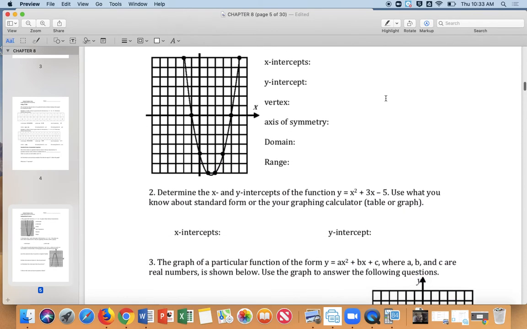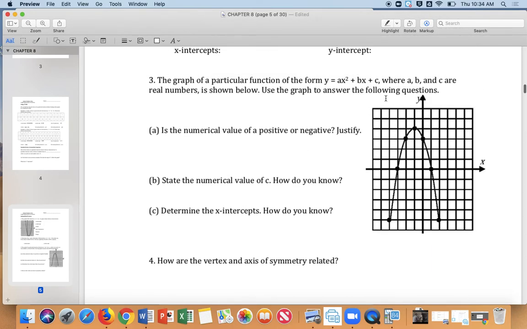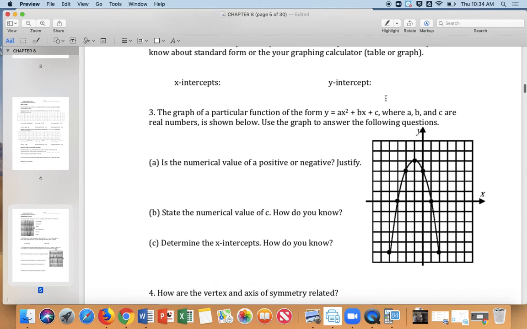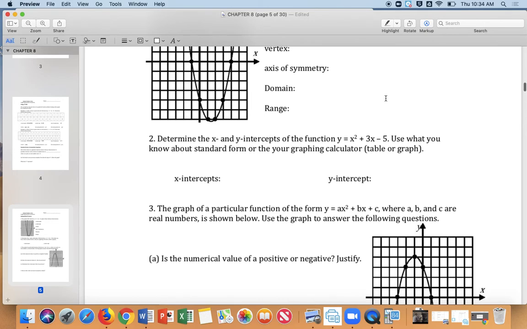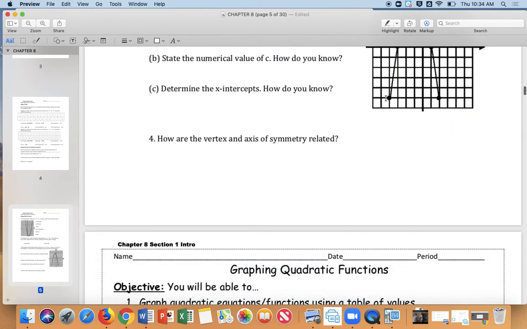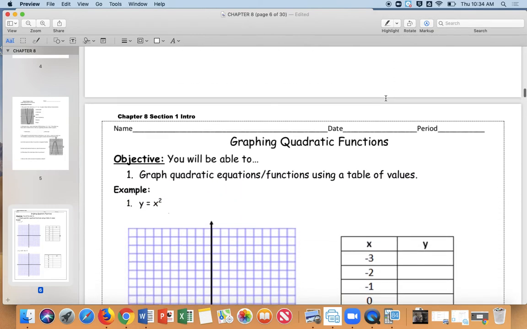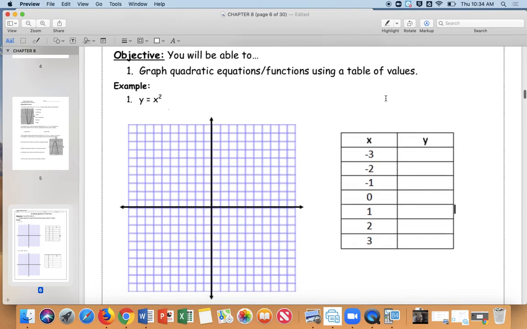Now here you have independent practice. Make sure you complete this on your own, answer these questions, and then check the answer key that will be posted. Make sure you guys are following along, paying attention. When you are done with that page, move on and complete this page.